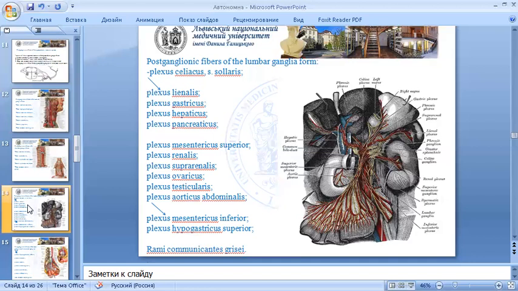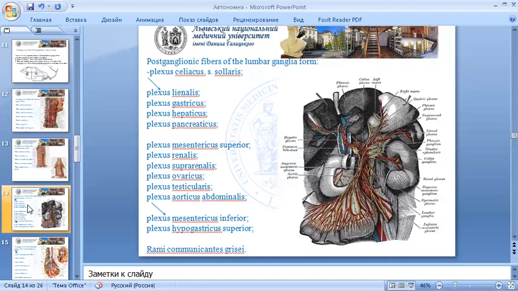On this slide, you see, for example, this plexus, which is related to the superior mesenteric artery. And as you see, the superior mesenteric plexus supplies the small intestine, the cecum with appendix vermiformis, the ascending colon, and the transverse colon.